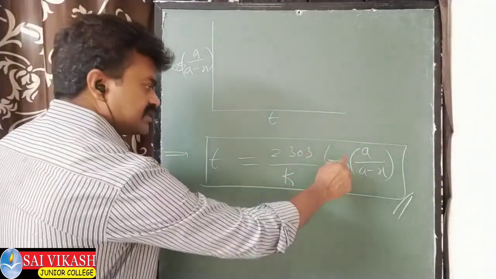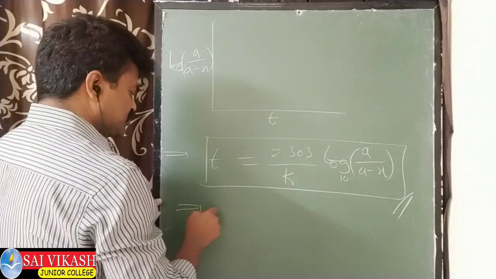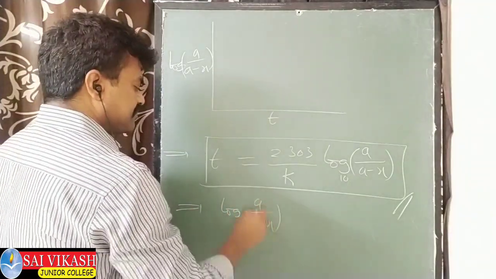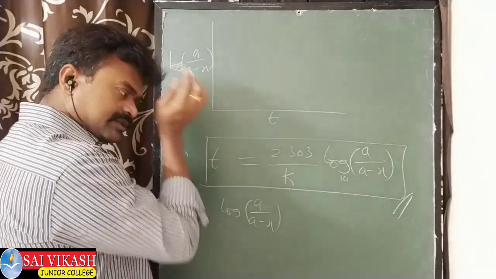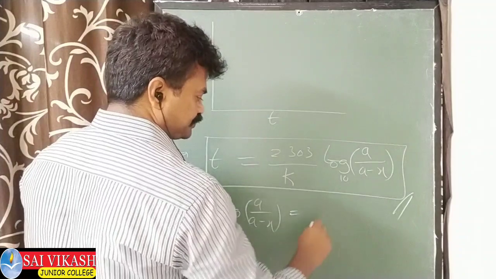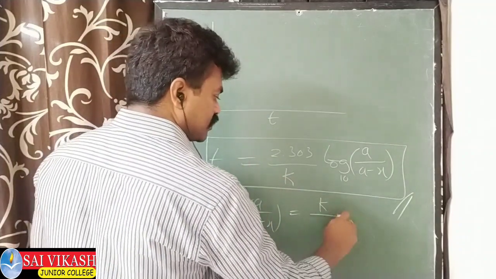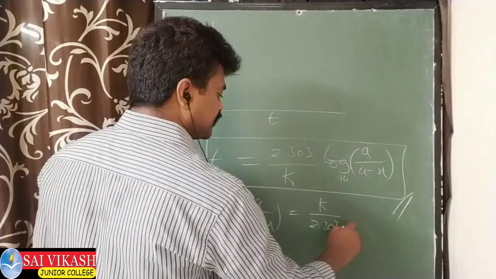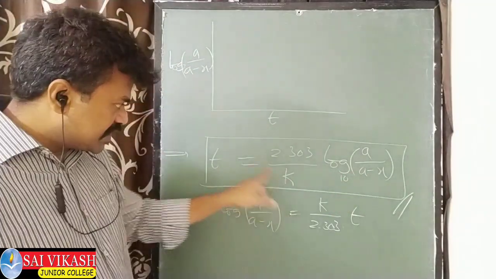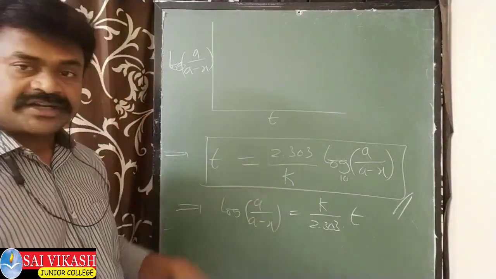So log of a by a minus x is equal to k by 2.303 into t.